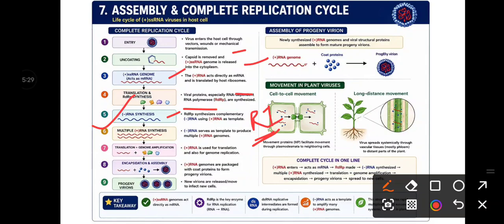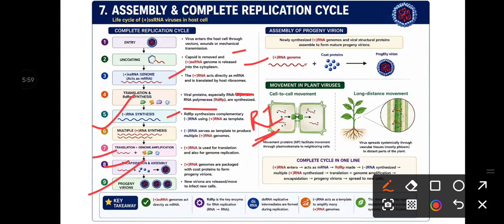So what is the fate of that genome? Either it undergoes further multiplication for producing more nucleic acid, or it undergoes translation and produces coat protein, movement protein, and other virus associated proteins, and ultimately they will assemble. The nucleic acid will be encapsulated inside the protein coat. Finally the progeny virion is ready.